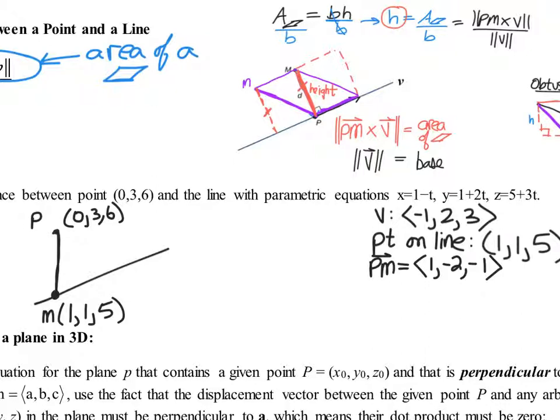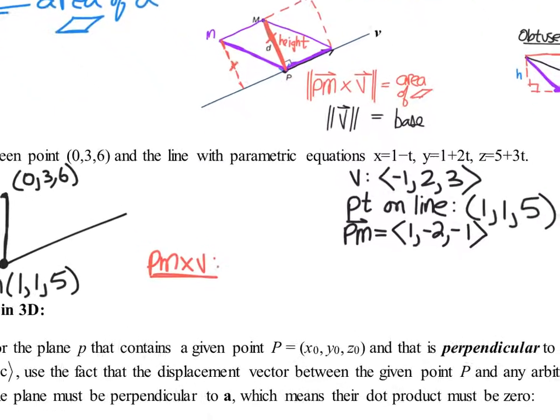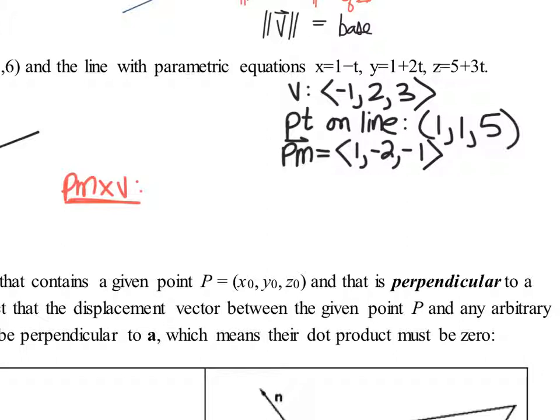All right, so we're going to find the cross between PM and V, and the magnitude of that, but first the cross. So notation-wise, let me just bring it in a little bit and clean it up. IJK, PM is 1, -2, -1.